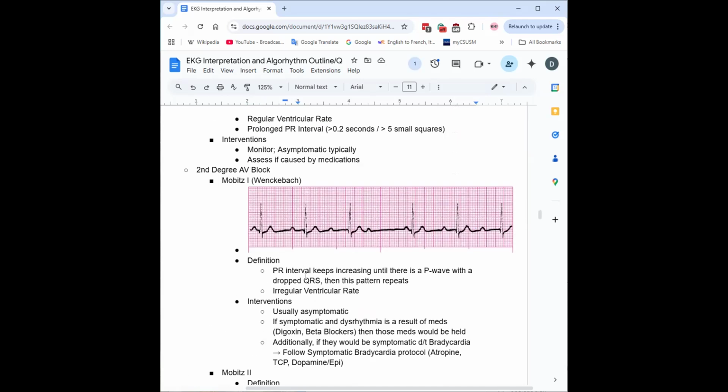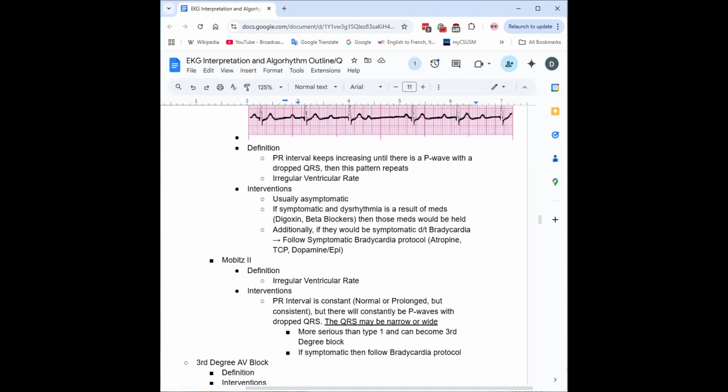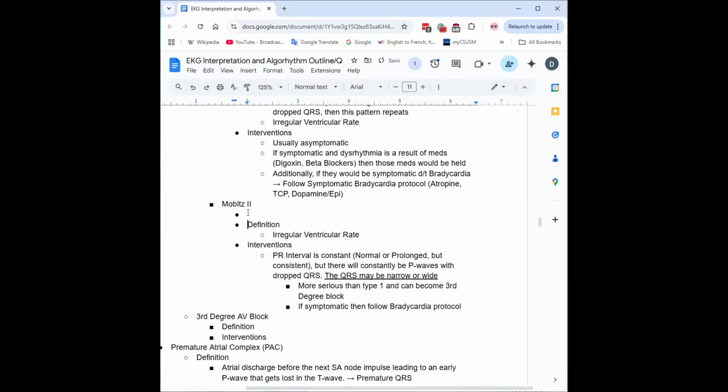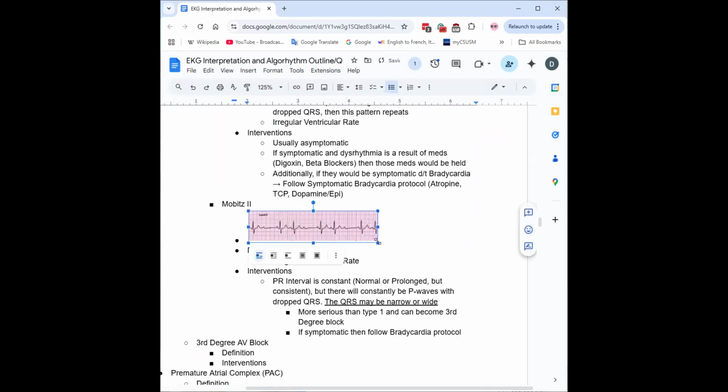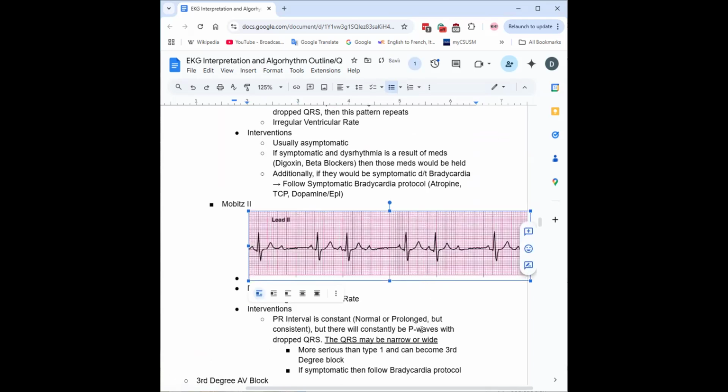So at this point, let me get you a picture of it. Here and here it doesn't have the wide QRS, but you can see how the PR interval looks normal, and it's going to be consistently so. But you have dropped QRS, back to normal, dropped QRS, back to normal, dropped QRS.